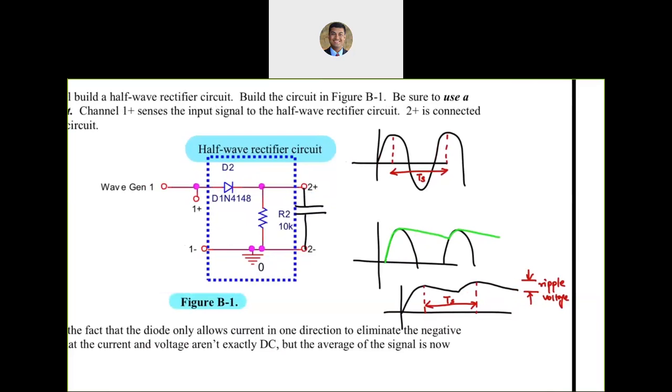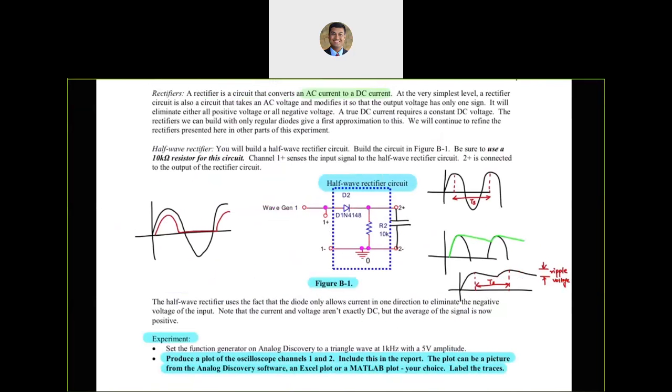So make a note of that, because we are going to next do a full wave rectifier in which the time period will get halved, because we will use both the positive half cycles as well as the negative half cycles.